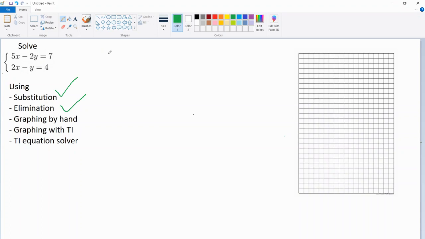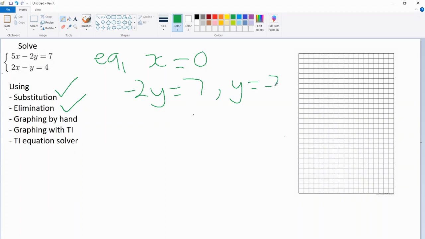For equation 1, we let x equal 0, and then we'd have minus 2y equals 7. That means y equals minus 7 on 2, or minus 3.5. For y equals 0, we have 5x equals 7. Divide 7 by 5, x will be equal to 1.4.